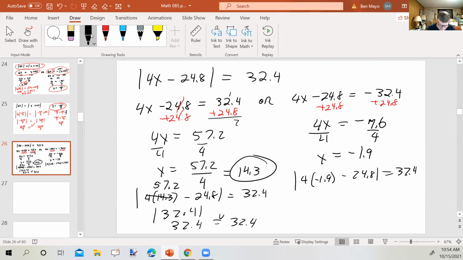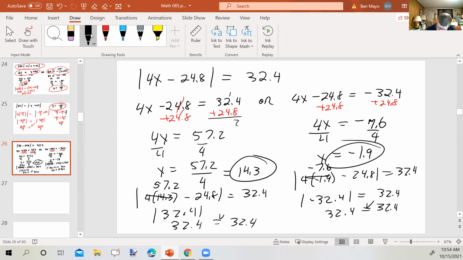So we have 4 times negative 1.9, which becomes negative 7.6, and then minus 24.8 more, we get the absolute value of negative 32.4, which is 32.4, and 32.4 equals 32.4. So it checks. Okay. Let's take a look at one that has fractions.